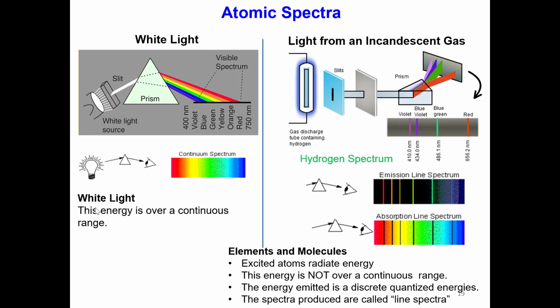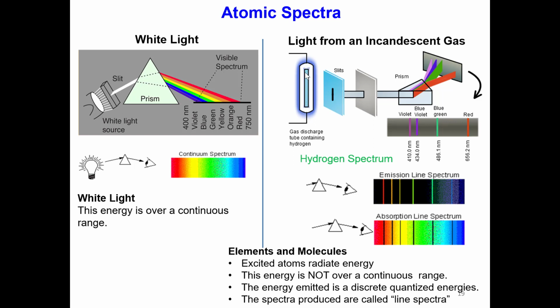Now, what happens if we give enough energy to some element like hydrogen or helium, and they emit light? What colors can they emit? We are going to study the light from incandescent gas. How can we get that incandescent gas?